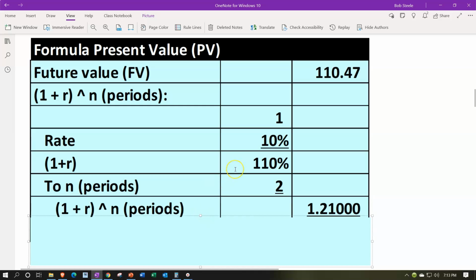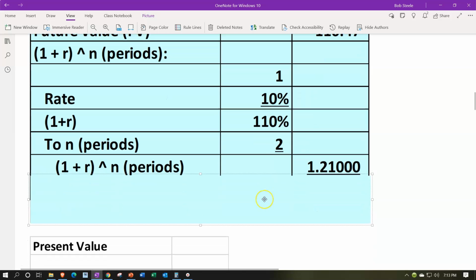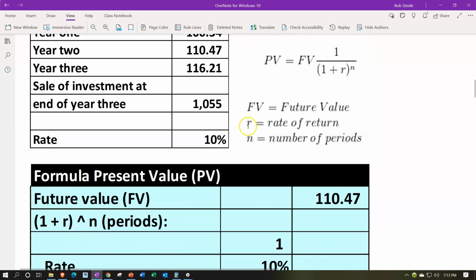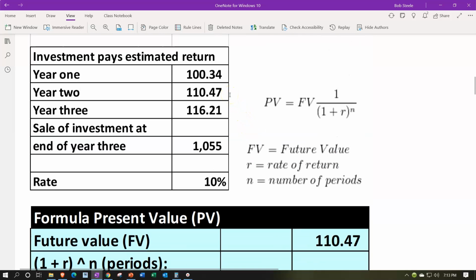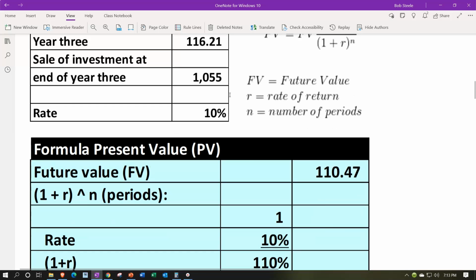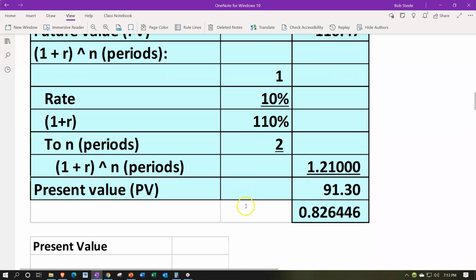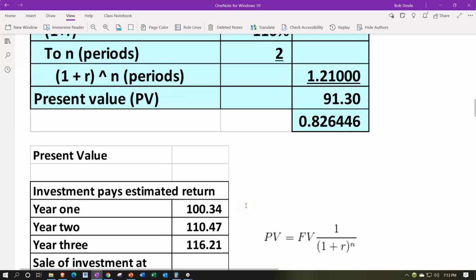So 1.10 to the power of 2 gives us the 1.21. If we take the 110.47 divided by the 1.21, that gives us the 91.30. In other words, after year 2, we expect to receive a return, dividends, of $110.47, but present valuing that back to the current time period, it's $91.30.